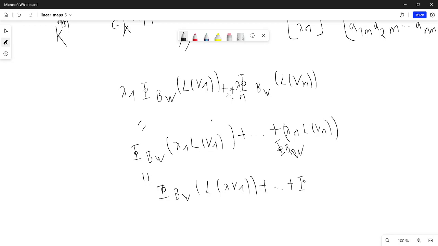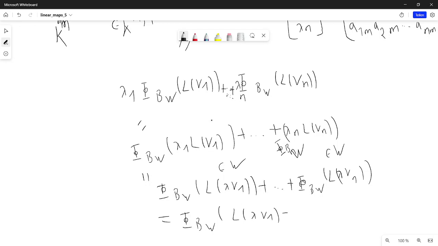Sorry. It's VBW, now lambda n. Now you see VBWs are applied at those vectors, and we can see those vectors just as vectors. Those are vectors in W, right? And then we can apply the linearity on the sum. This is a sum of evaluations, hence by linearity of VBW, we obtain L of lambda 1.